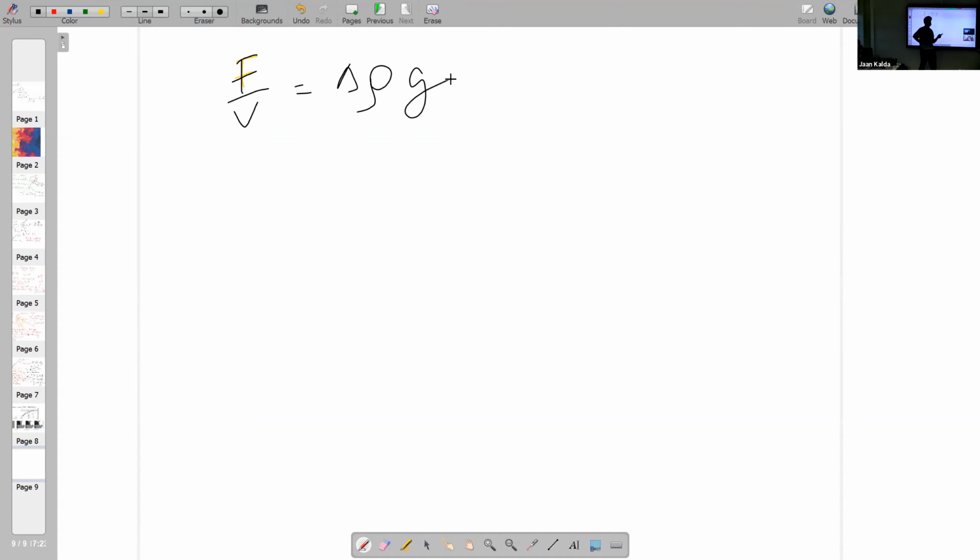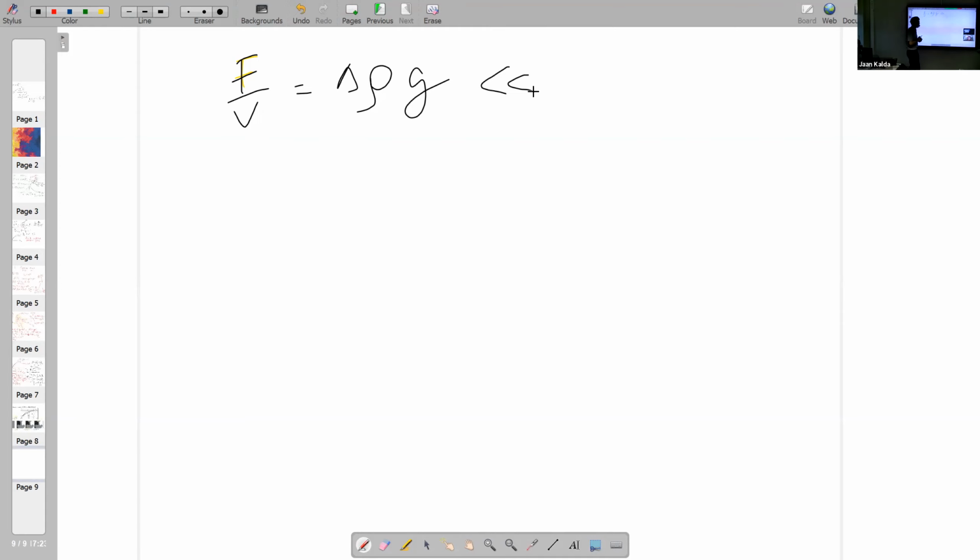And now, if this is much smaller than, what do we need to compare it with? Basically, with the force due to acceleration of the mass. You have violent motion of turbulence, or maybe not so violent, but either way a motion.